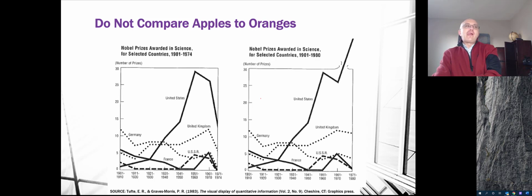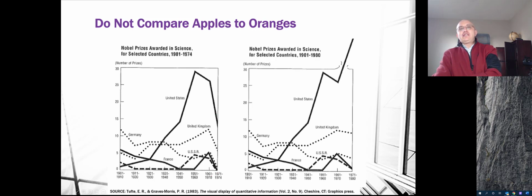Here's one. An easy way to lie is to not compare apples to apples. So you might be looking at this thinking, well, where are the apples and oranges here? Well, take a look down here at the bottom. Each of these is a decade, from the first year to the last year in the decade, or close. Then when we get to the last one, we've got 1971 to 1974, and we were only using a partial decade.